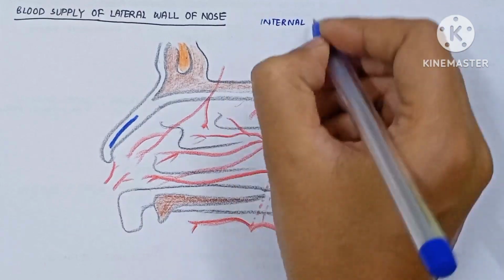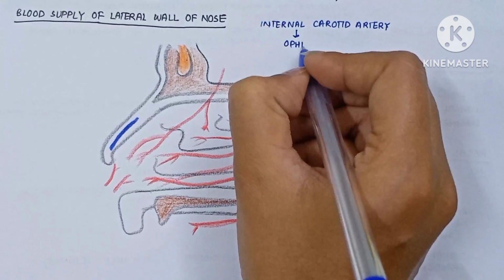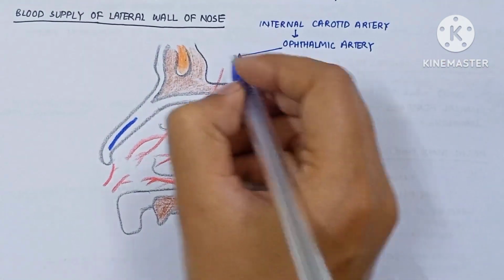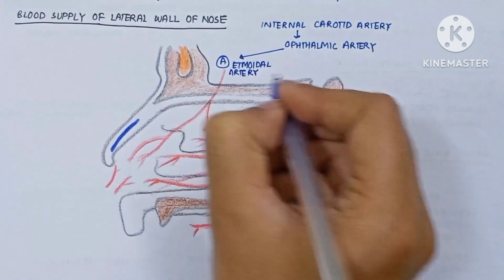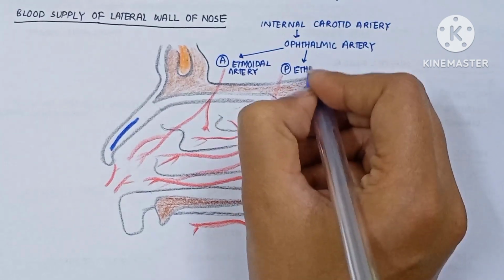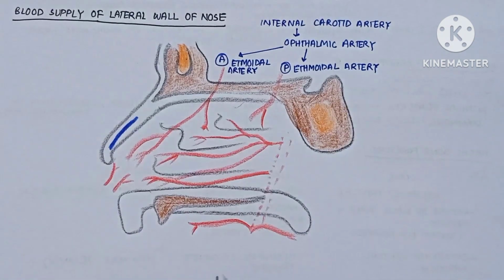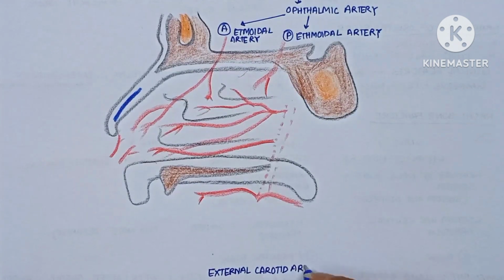The internal carotid artery gives the branch ophthalmic artery, which enters into the orbit through the optic canal and gives off two branches. The anterior ethmoidal artery passes through the anterior ethmoidal foramen, and the posterior ethmoidal artery passes through the posterior ethmoidal foramen and enters into the nose to supply it. And the external carotid artery gives off the branch facial artery, which has many branches.